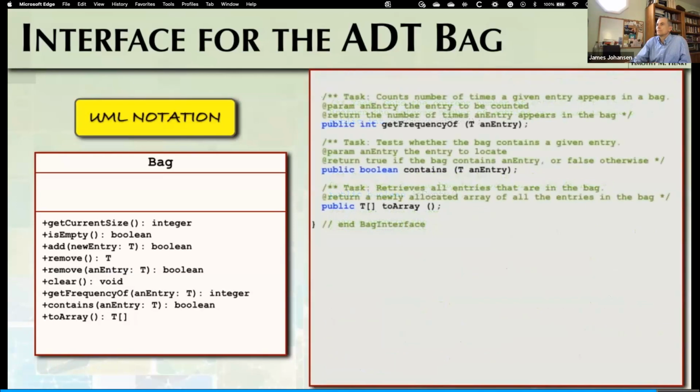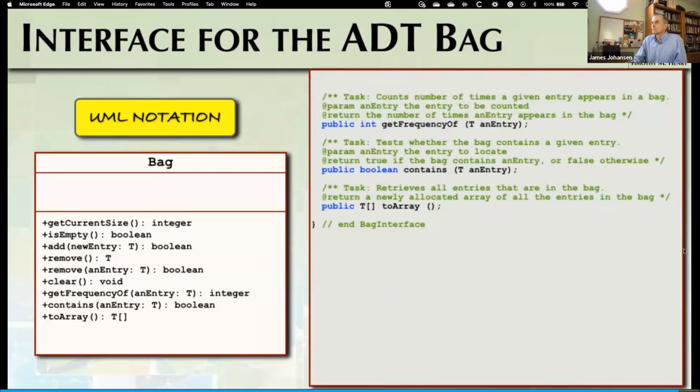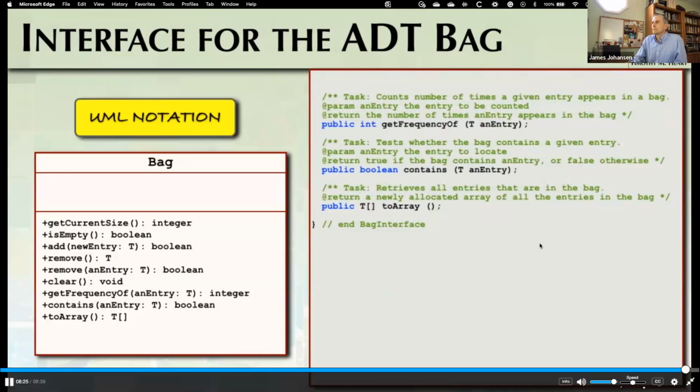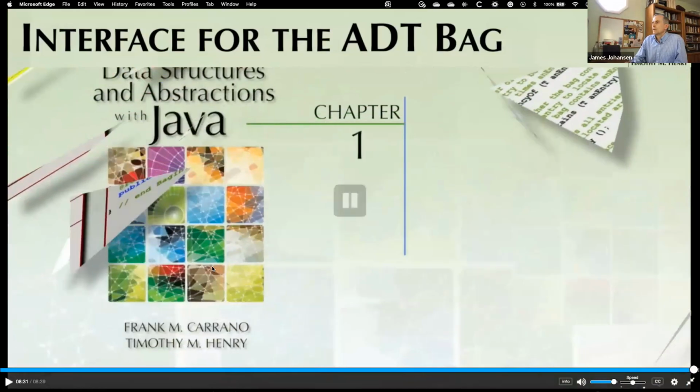And last, we have the methods that check the status of a particular entry stored in the bag and the toArray method that returns an array containing the entries in the bag. Just because this method returns an array of the entries does not imply that the items are stored in an array data member of the ADT bag. How we store these data items is an implementation detail and the topic of another lecture.